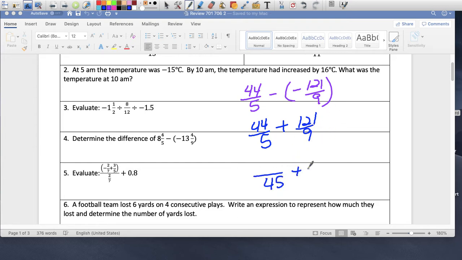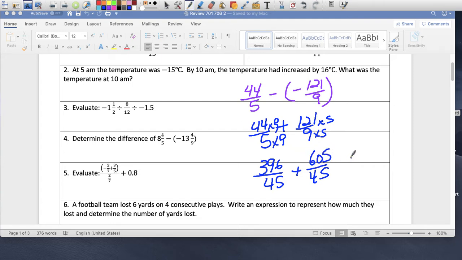LCM. So this might have been a good calculator question, but I'm going to do it anyway. So this was times 9, right? So I'm going to multiply this times 9, and 44 times 9 equals 396. Then this was times 5, so times 5 over here. 121 times 5 equals 605.